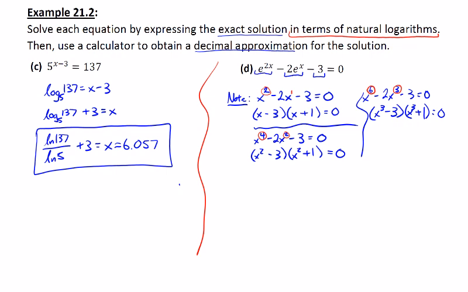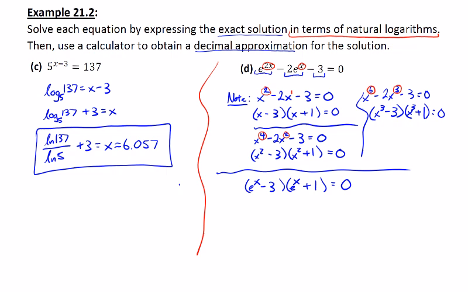So notice that on our equation we have e to the 2x minus e raised to the x. This is going to fit the condition for trinomial factoring. So to factor this, I'm going to make two binomials. Each one is going to be with e to the x minus 3, and then e to the x plus 1.